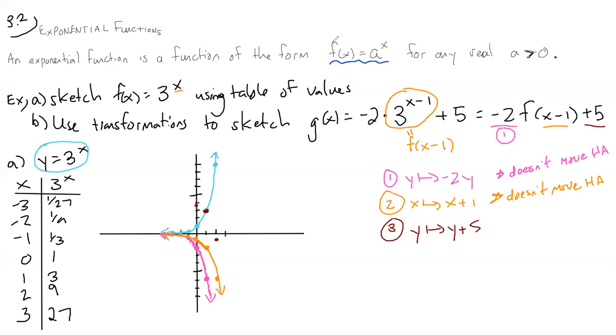Oh, I think I have that first point in the wrong place. So I'm going to redo that first point. So that's negative 2/3. So that should go up to 4 1/3, which is actually right about here. Yeah, that looks about right. And so this one should be negative 2/9, which is close to a quarter.